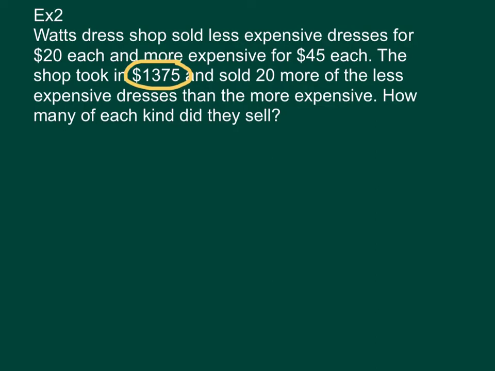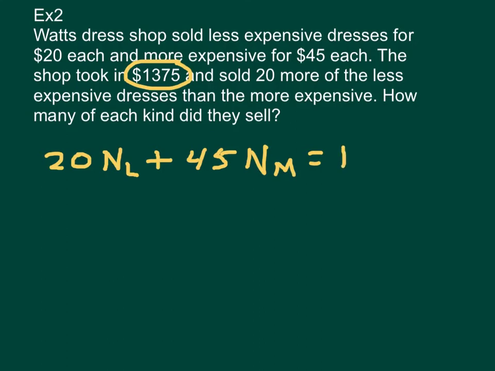Now I need to think about how I'm going to designate the variable. $20 for a less expensive dress, so I'm going to say N_L, L standing for less expensive, plus the more expensive were $45, so $45 times the number of M, more expensive, equals 1,375. I have to make sure my total is in dollars, which 1,375 already is. I don't need to change it to cents because 20 and 45 are in dollars.